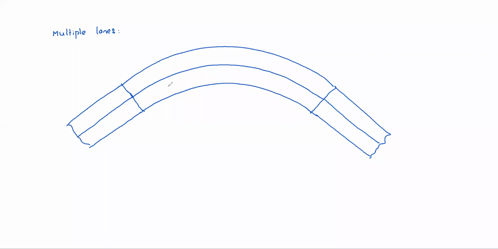Suppose side distance. See, side distance we always measure in the inner lane only. So this is, let us assume, lane 1. This is lane 2, the inner lane. So here, the inner lane center line. Let us assume here to here is the AB points. So S is this one.